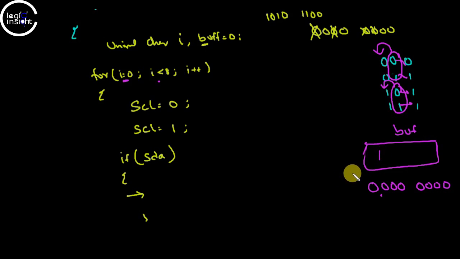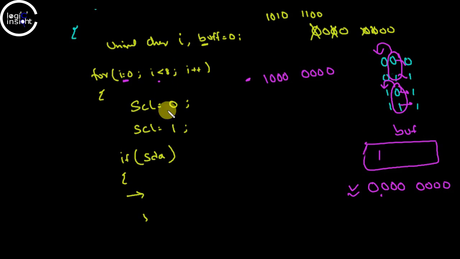So how can I do that? Suppose I want to make the buffer's 6th bit 1. The logic is, I'll take a number that looks like this, 10000000. Now where I want to make it 1, I have to move this number to that position. This is at the 6th position, right? So I have to move to that position.